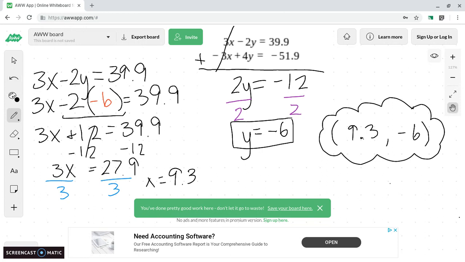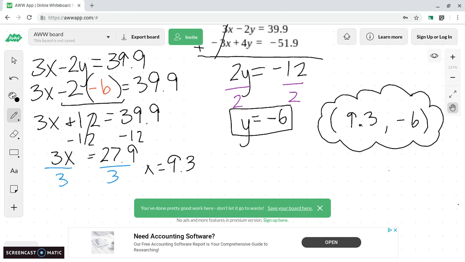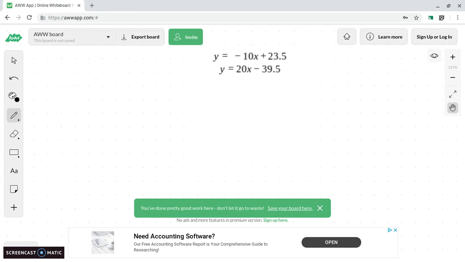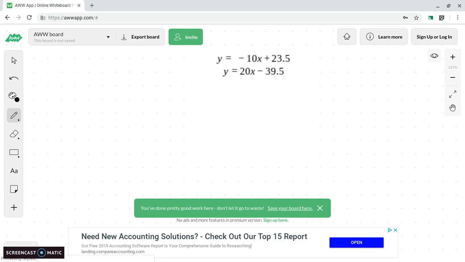So we're going to look at another example. For this one, we want to solve for x and y as well. There's a couple things that I noticed. One of them is everything is lined up. We have our y's, our equal signs, our x's, and our constants. But I also noticed we have y by itself.